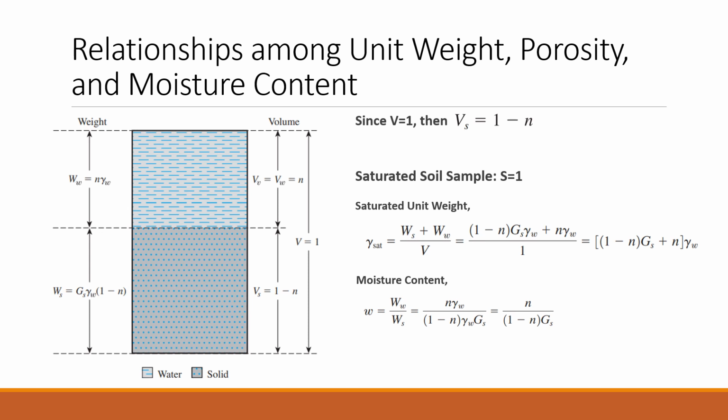So, ayan na siya panggamiton ng formula, no? Kung we are asked to solve for the gamma sat or the moisture content of our soil, given ang porosity lang o ang specific gravity. And of course, the unit weight of water kay constant na siya.